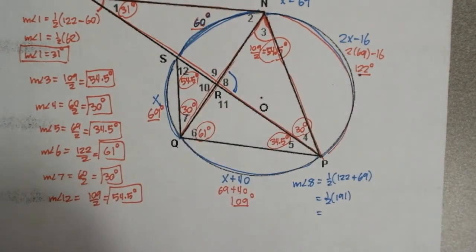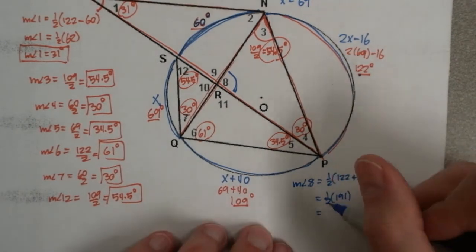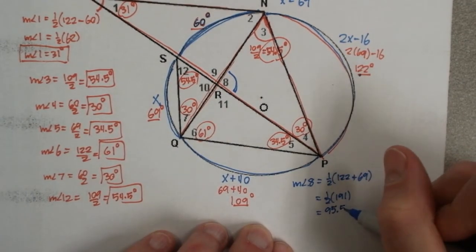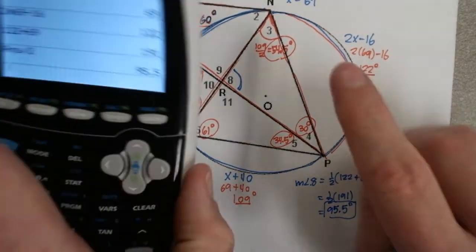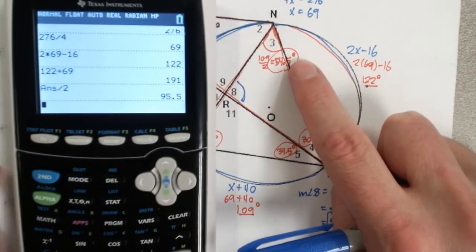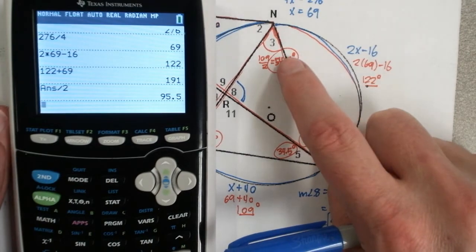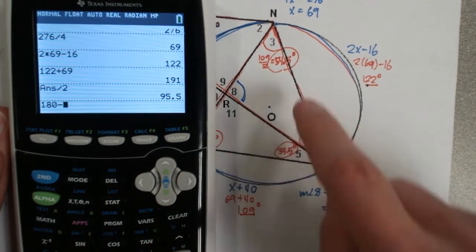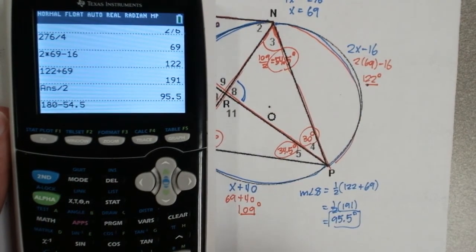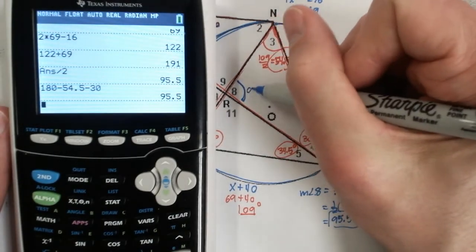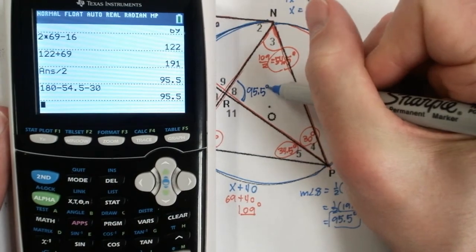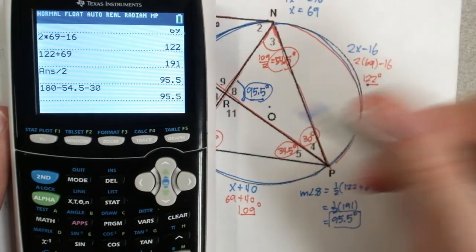Half of 191 is 95.5. Now look, guys, you could do that with triangles too. You can see my work for that, but I could also do 180 minus 54.5 minus 30, and there's another way to get your 95.5. So however you want to do it is fine.